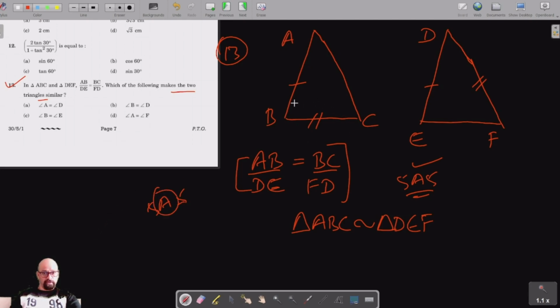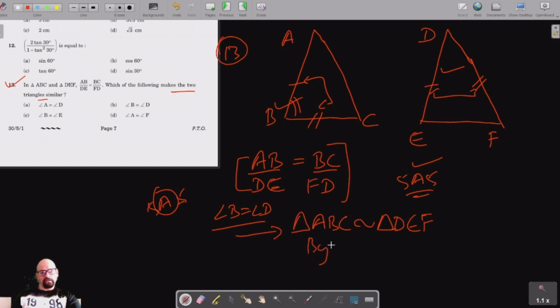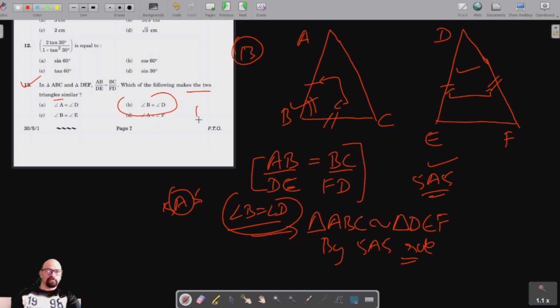So the included angle is between these two sides, which is angle B, and between these two sides is angle D. So if angle B is equal to angle D, then these two triangles are similar by SAS similarity. So it should be angle B is equal to angle D, which is option B.